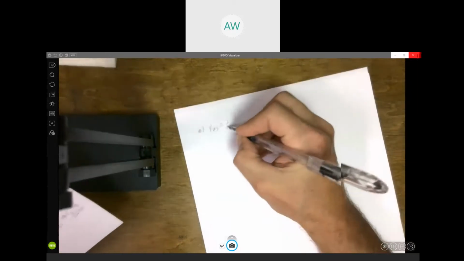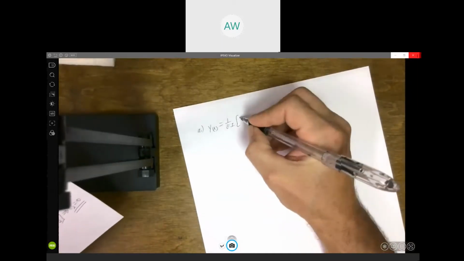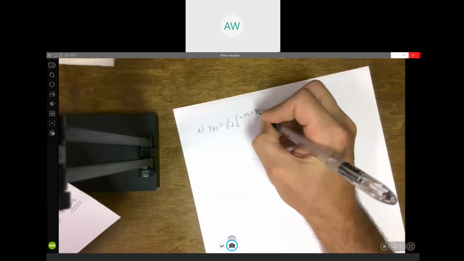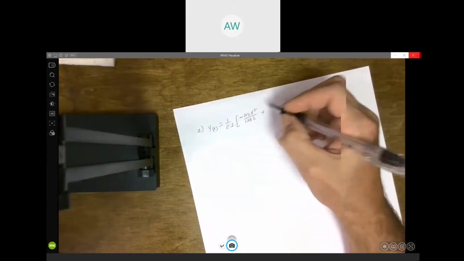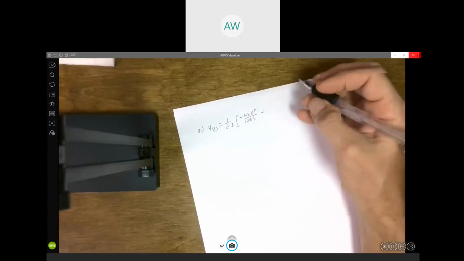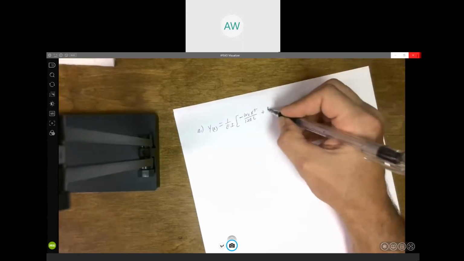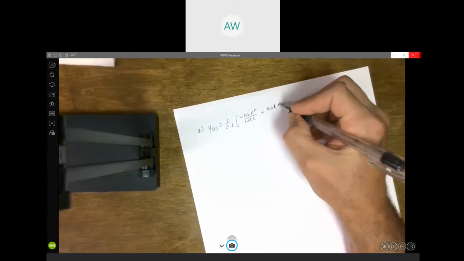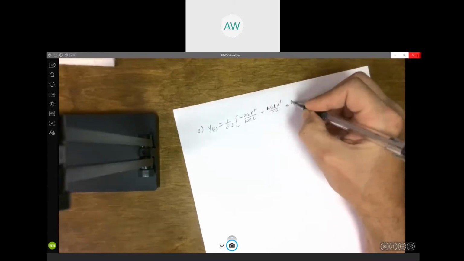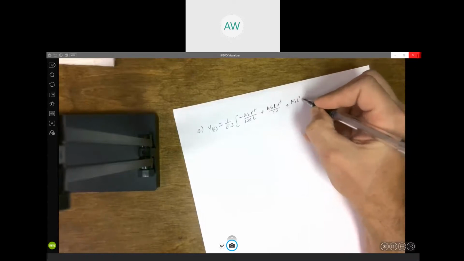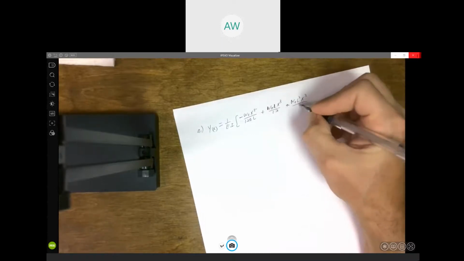It is 1 over EI, minus W naught x to the 5th over 120 L, plus W naught L x cubed over 12, plus W naught L squared x squared over 6.